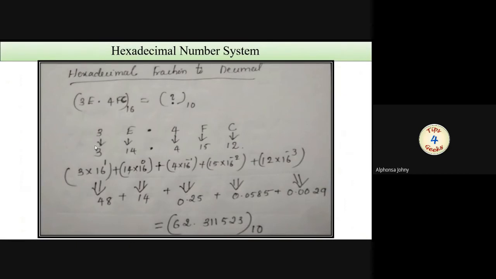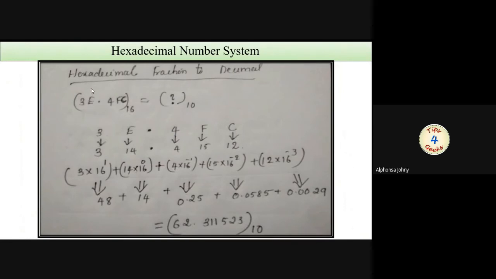So the next step is to assign powers. E is the first symbol on the left side of the hexadecimal point. So E, that is 14, needs to be multiplied with 16 raised to 0, plus 3 into 16 raised to 1. We are moving in this direction.